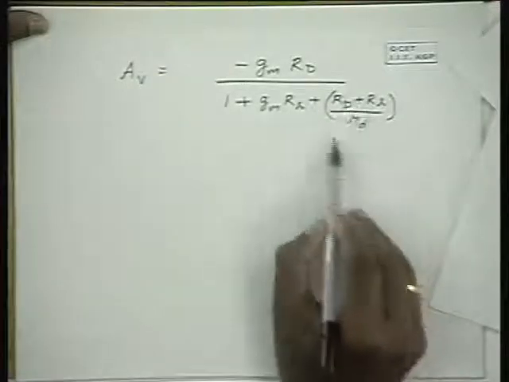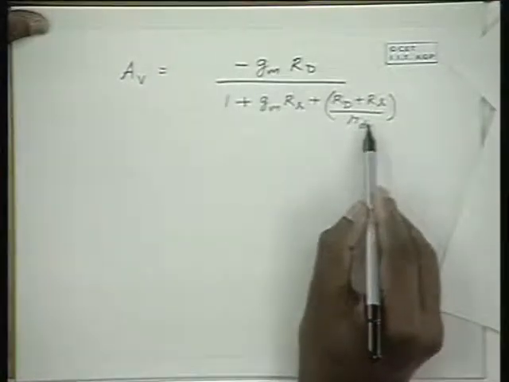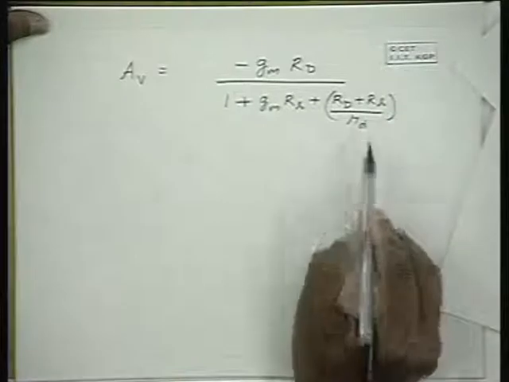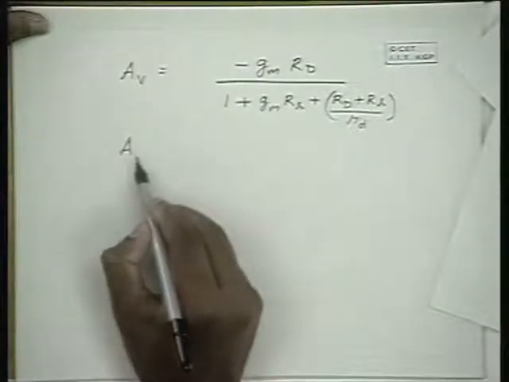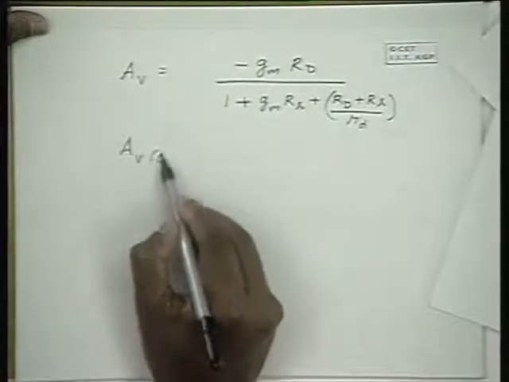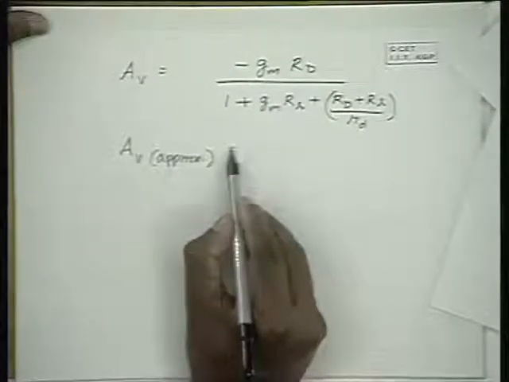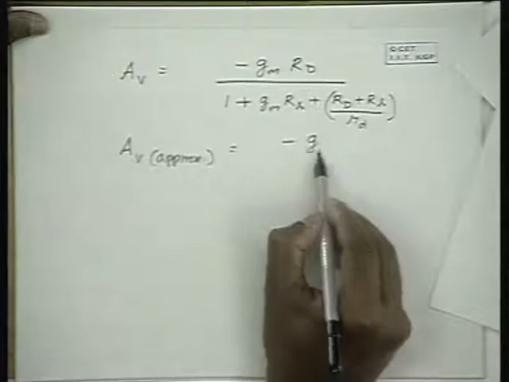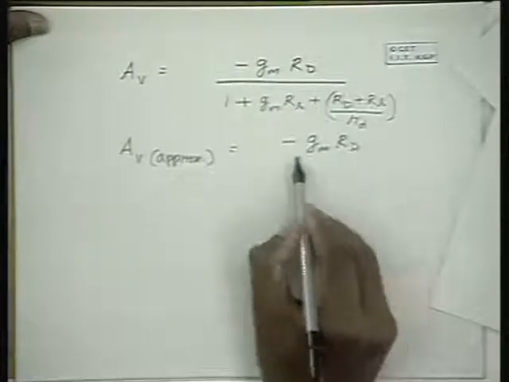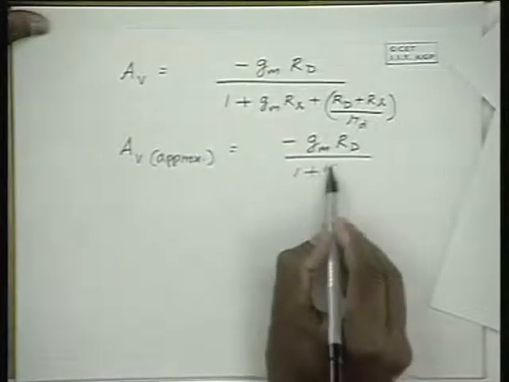Now, with this term, when small RD is very large, that is the approximation we made, we will get the approximate expression for voltage gain as minus GM RD by 1 plus GM RS.